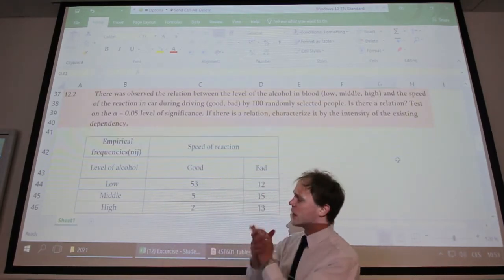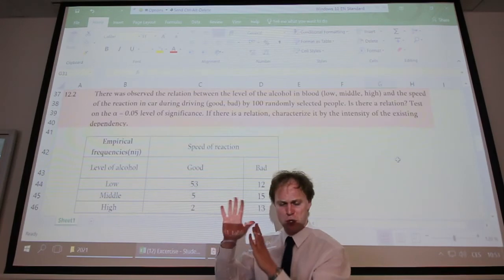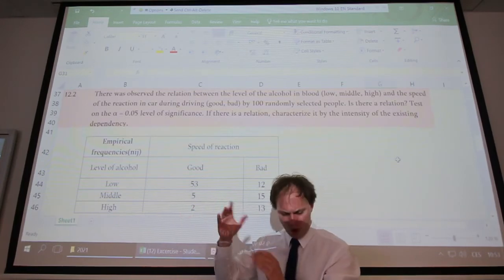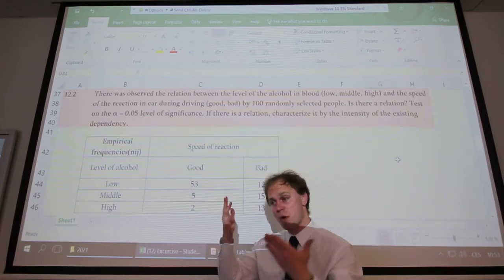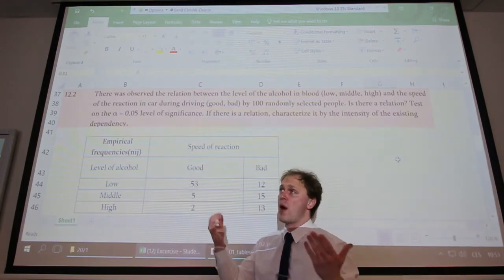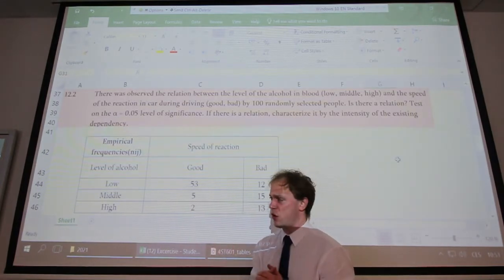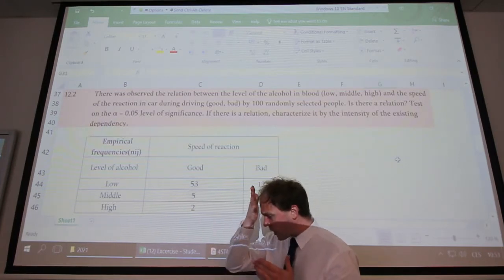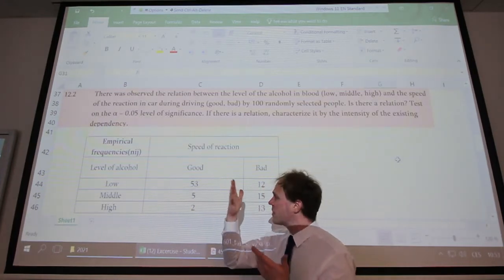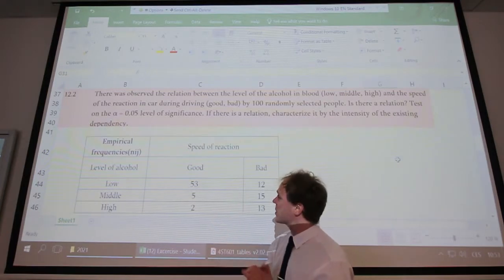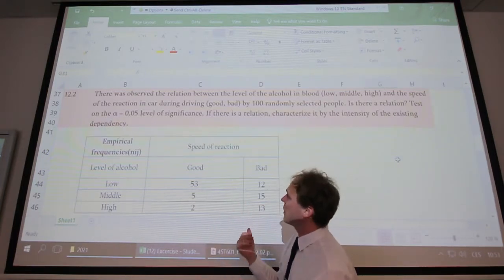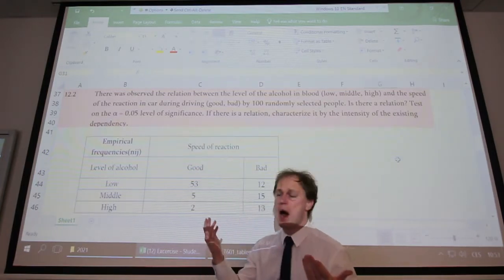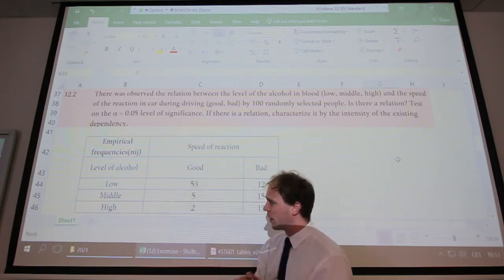And we already calculated the Pearson coefficient C and the Cramer coefficient V, which was, I don't know, 0.67, 0.68. So we could expect that there is a dependence between the speed of the reaction in the car and the level of alcohol in blood.